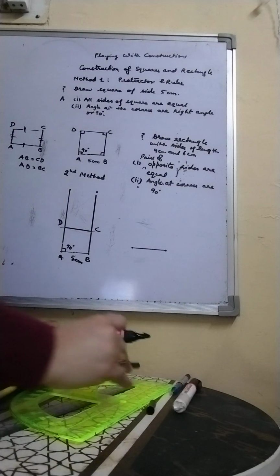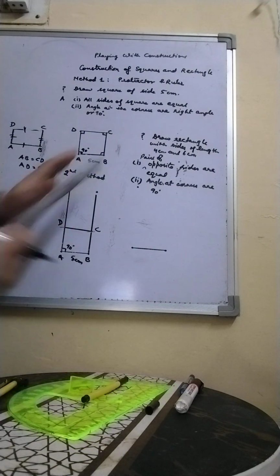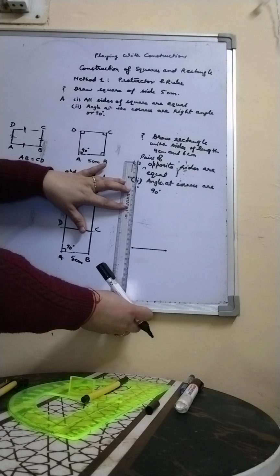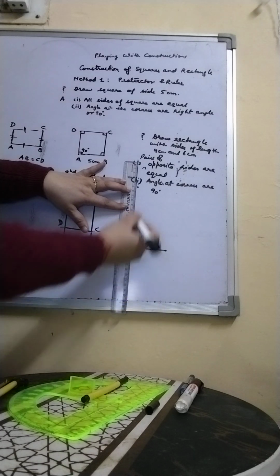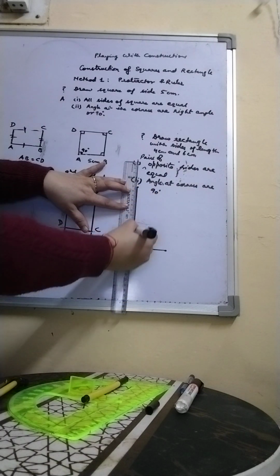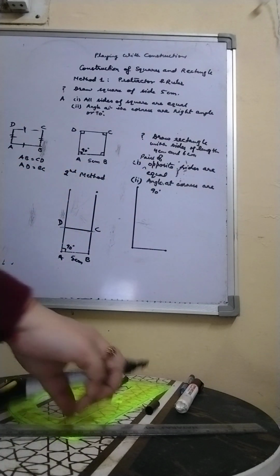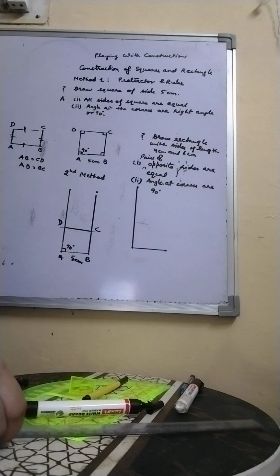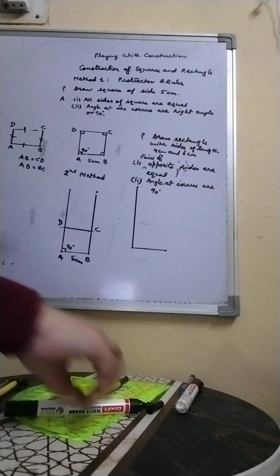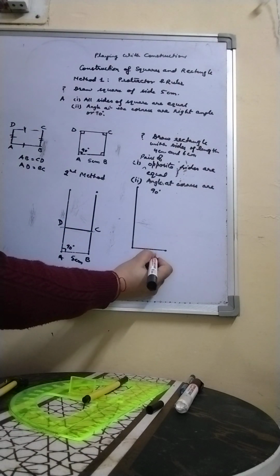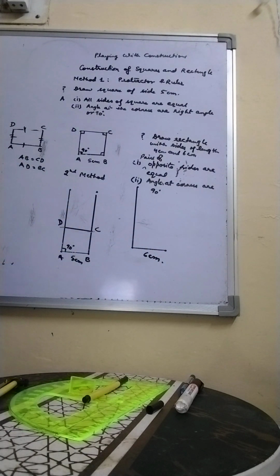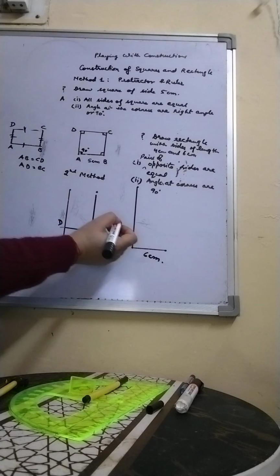Then join the dot with the corner. You get 90 degree. Now what you have to do? This side is 6 centimeter and the other side is not 6 centimeter. It is 4 centimeter.